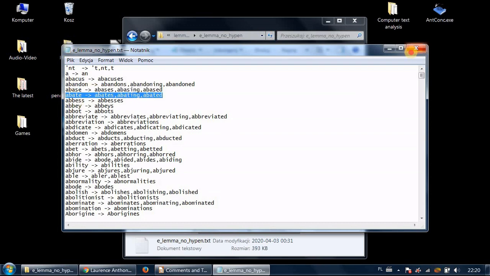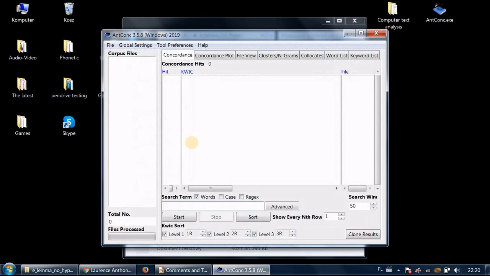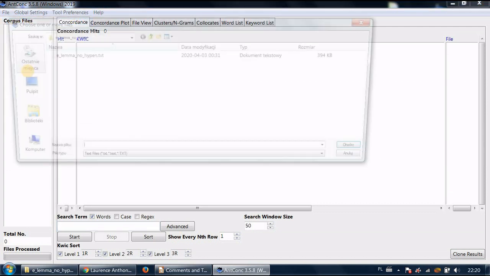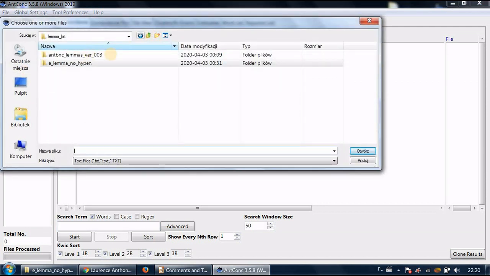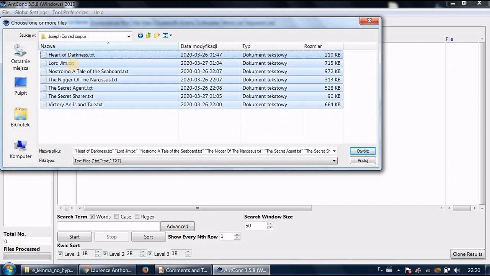Okay, and now to use this in AntConc, let's open AntConc and let's load our corpus. So open our Joseph Conrad's corpus.